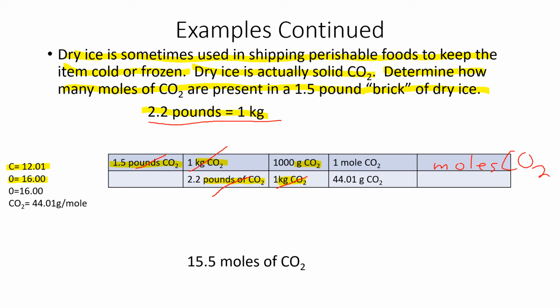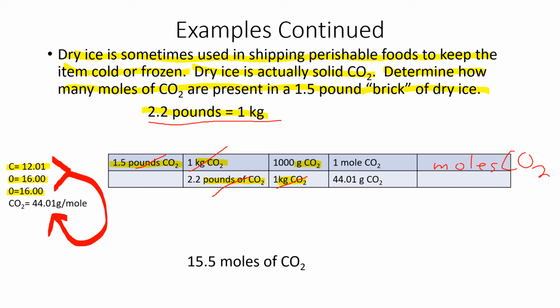Each oxygen comes in at 16. We total all of these pieces together, and you'll get the total for CO2, which is 44.01. The molar mass of CO2 is 44.01 grams per mole.